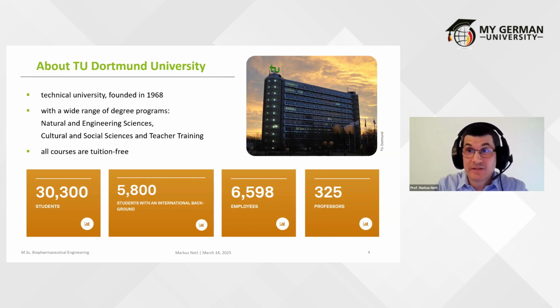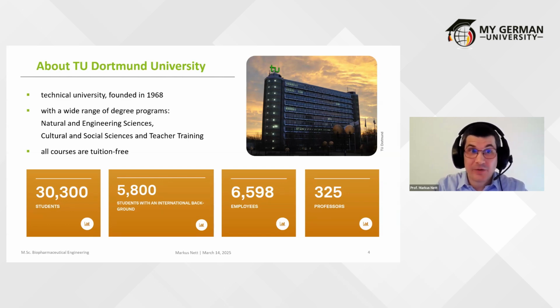And the university's main research programs are in the fields of engineering and natural sciences, but, and this might be surprising, we also house humanities. And in my opinion, this is quite a unique feature for a technical university in Germany.